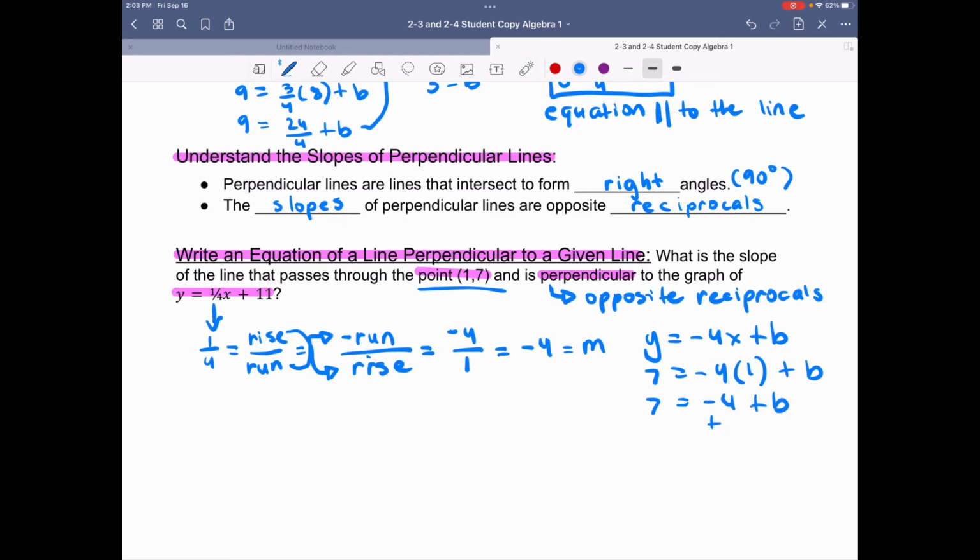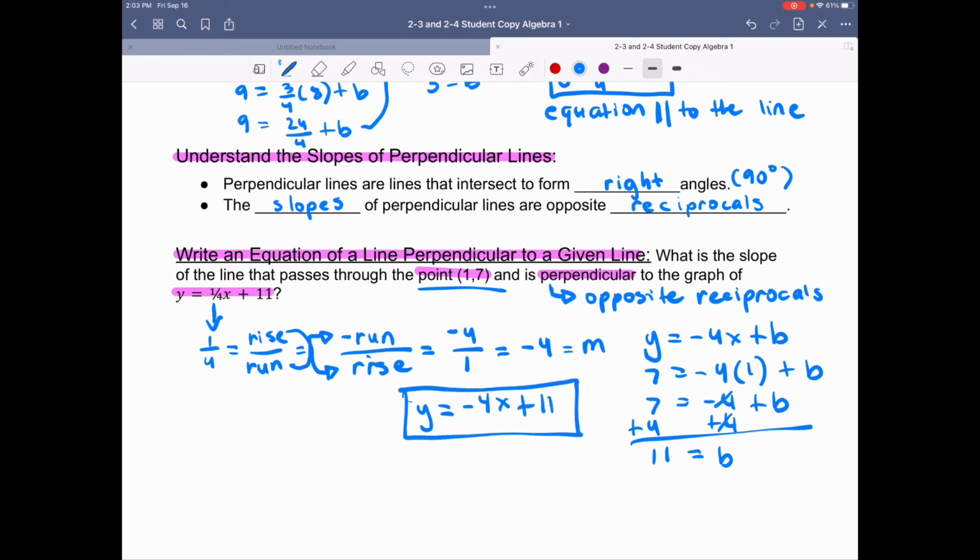The next step is to add 4 on both sides. These two cancel each other out, and 7 plus 4 is 11, and therefore our y-intercept is 11. And now we can just put everything together, have our slope minus 4x, and our b, which is 11.